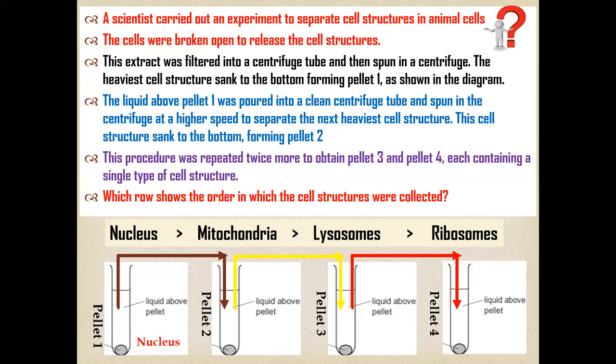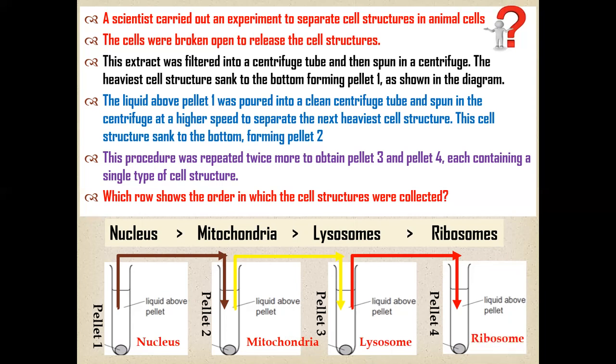So pellet number 1 would be the nucleus, pellet number 2 is mitochondria, pellet number 3 is lysosome, and pellet number 4 is ribosomes. Why?